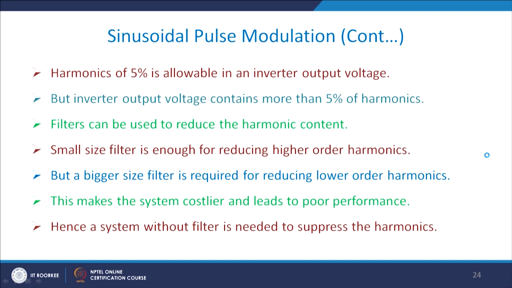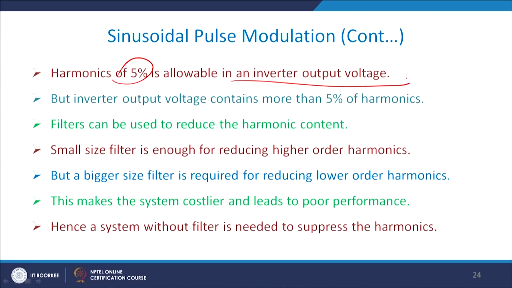So, regarding harmonics, there is an IEEE standard, IEEE 519, and all those standards tell that a harmonic value of 5% is allowable in an inverter output voltage.